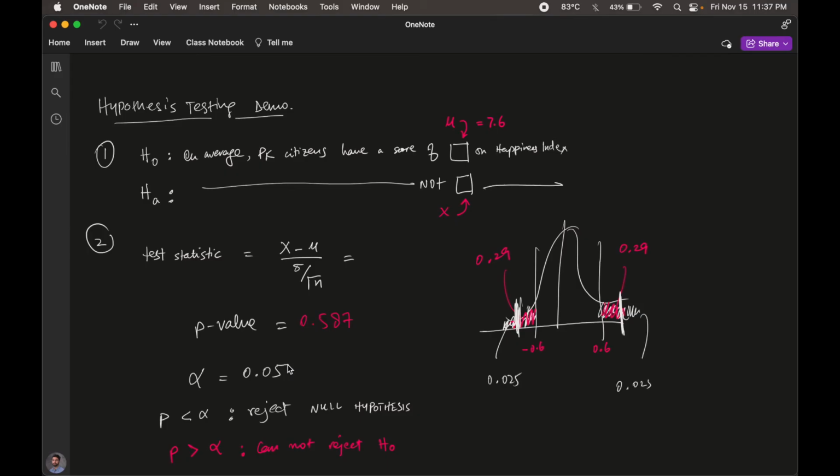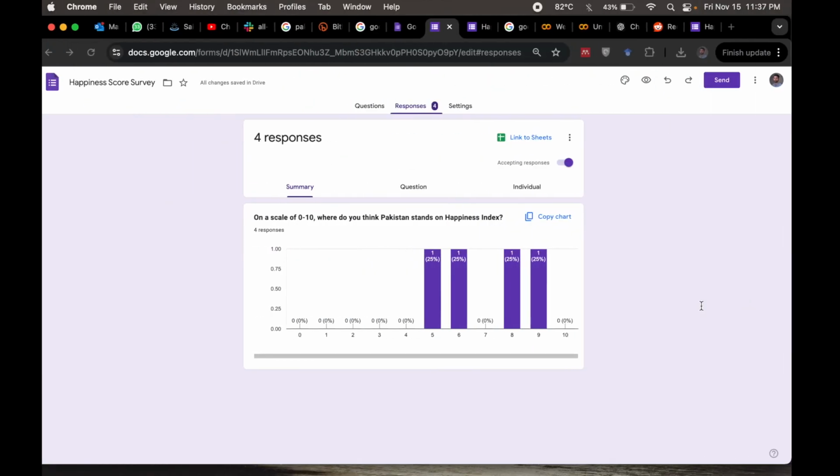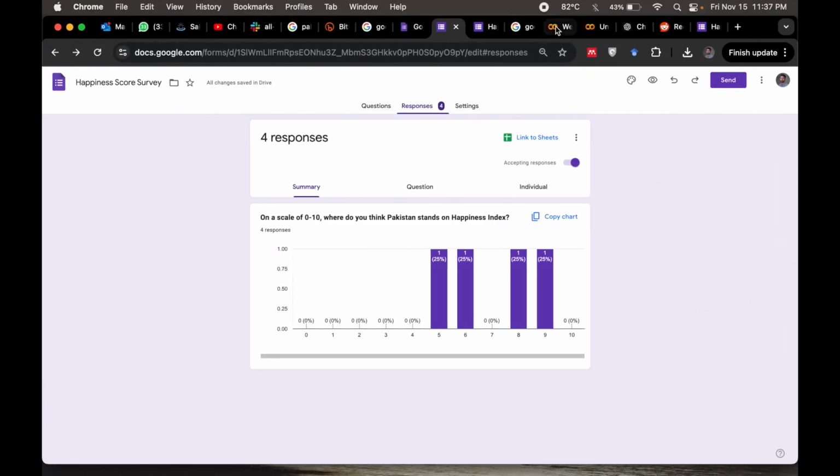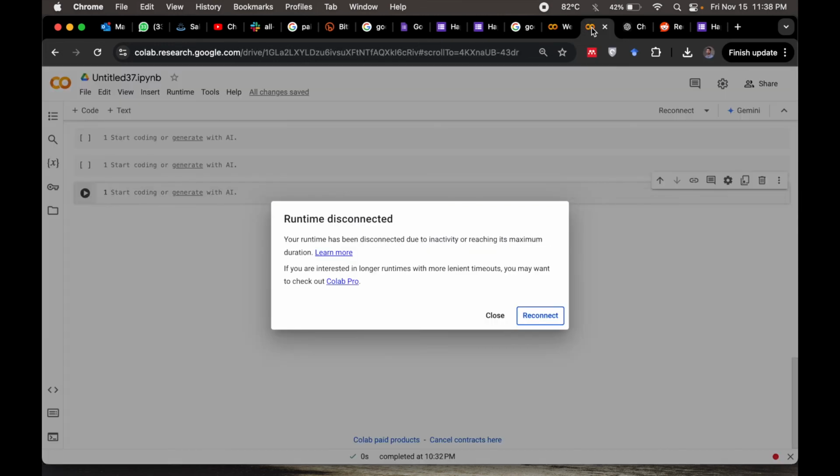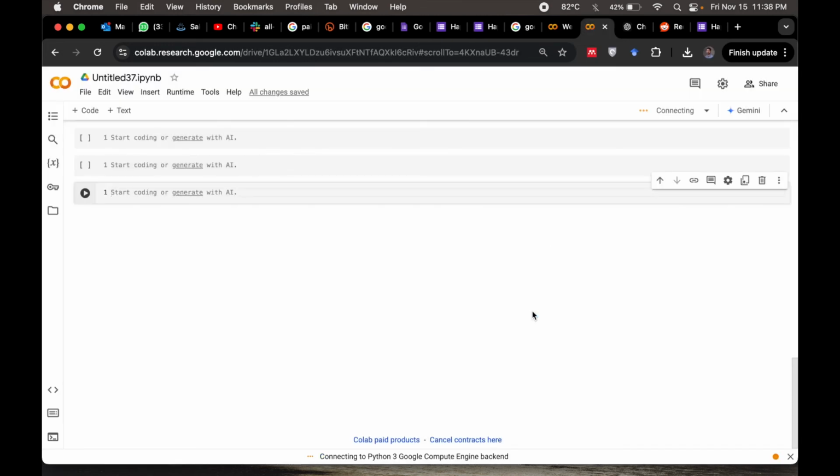Together they would make 0.05, right? But this is something we're doing manually, and what we would be more interested in is doing something on Google Colab to get a formal plot.